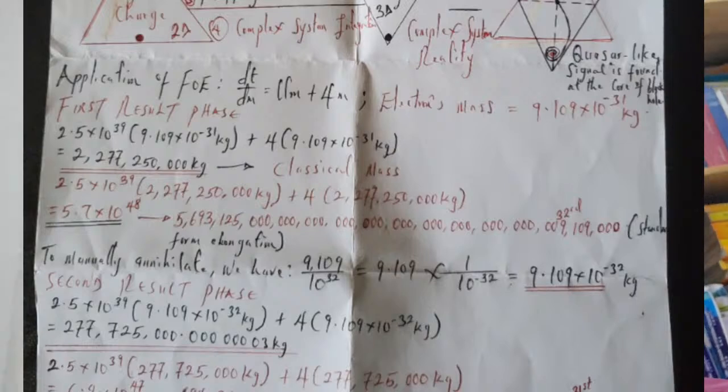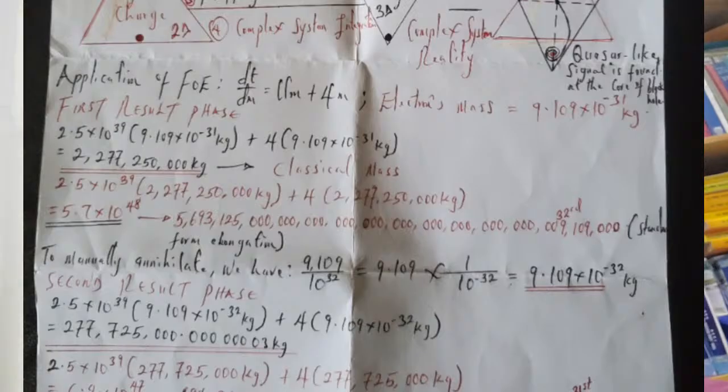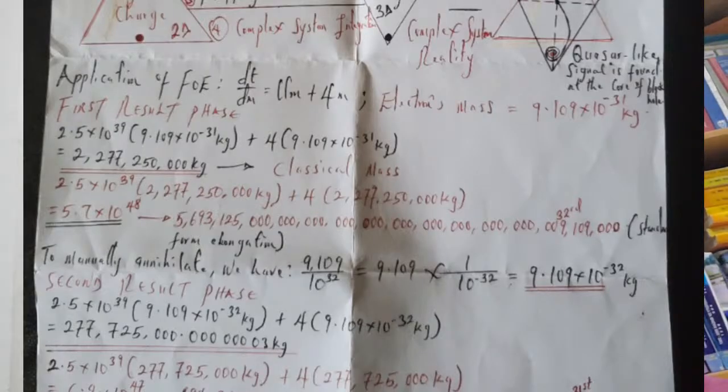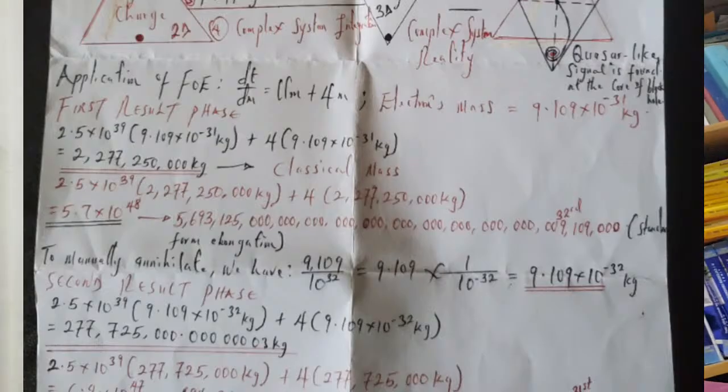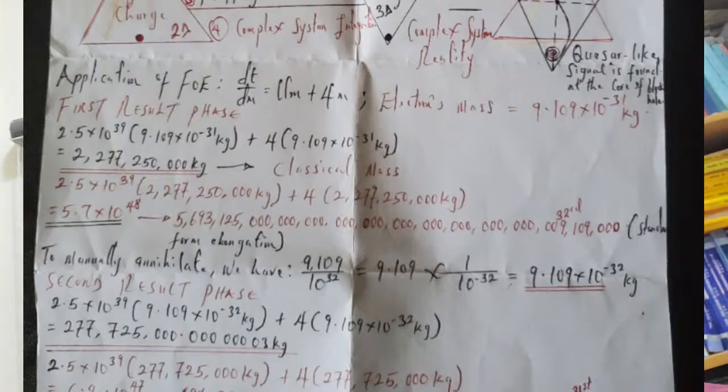By having the power to be minus 32, we know that the trajectory has shifted into the future. And so there is this effect of decay on it, because the power of minus 32 is smaller than the power of minus 31. You understand?